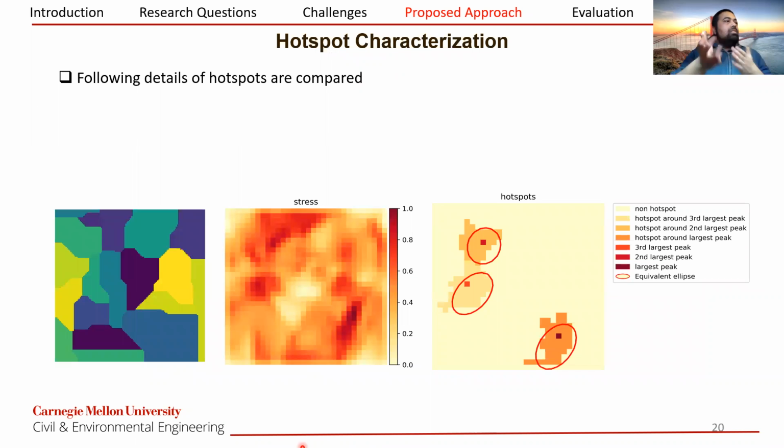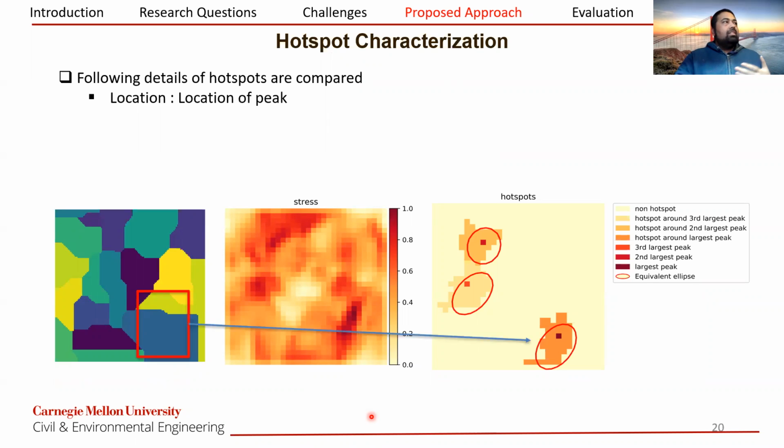So once we obtain these hotspots, we need to characterize them. We decided to come up with some intuitive characterizations. The first one is location. The main reason was that when we start interpreting and analyzing the details, we want to make sure that the hotspot location is correct.